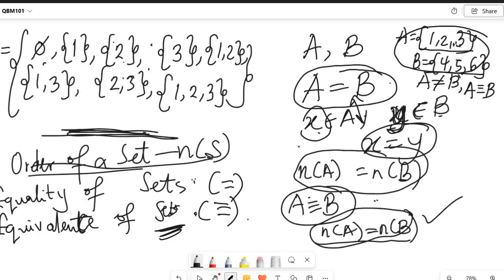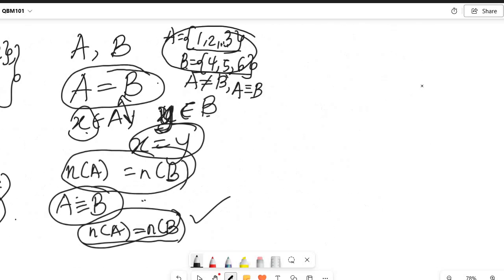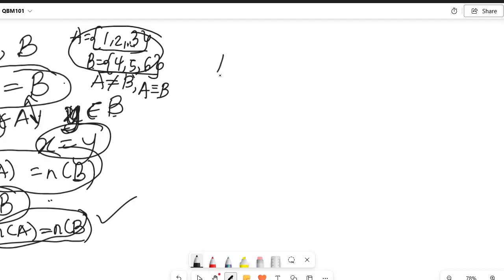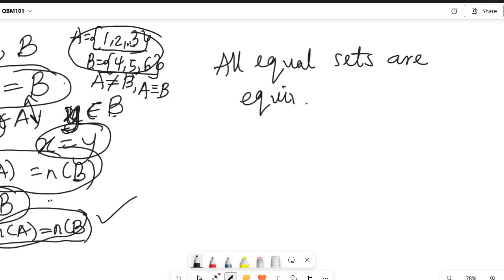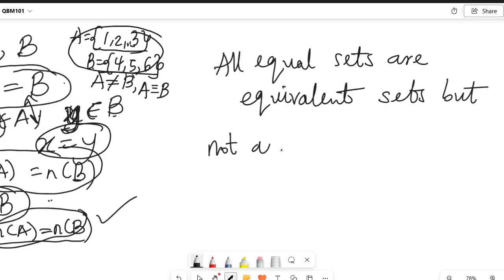So two sets can be said to be equivalent but not equal, but all equal sets are equivalent. Let's write that down. All equal sets are actually equivalent. You agree with me, right? Because if sets are equal, it simply means they are equivalent, since the cardinality will definitely be the same. So all equal sets are equivalent sets, but not all equivalent sets are equal sets.